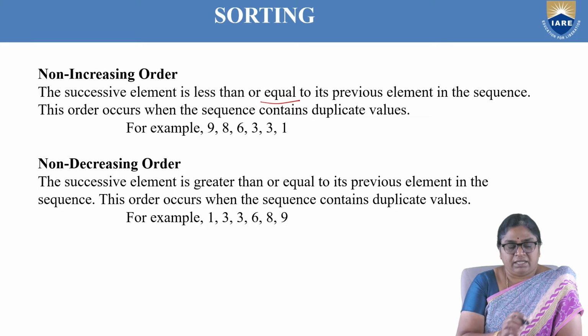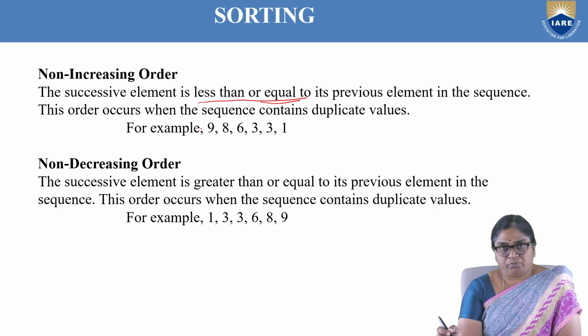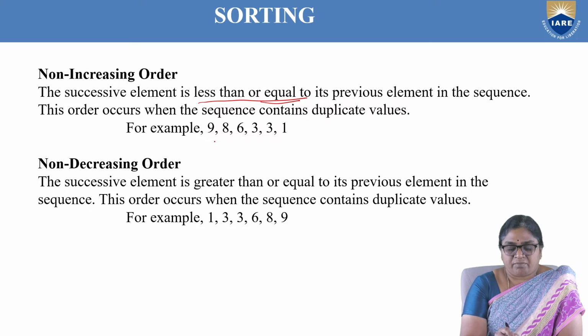But here, in non-increasing order, we have less than or equal to its previous one. This order occurs when the sequence contains duplicate values. Example: 9, 8, 6, 3, 3, and 1.